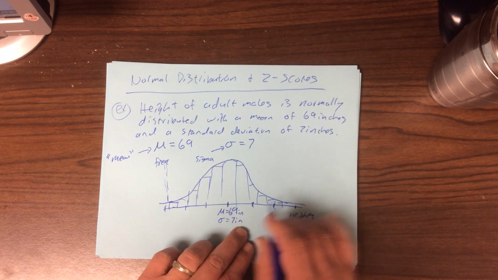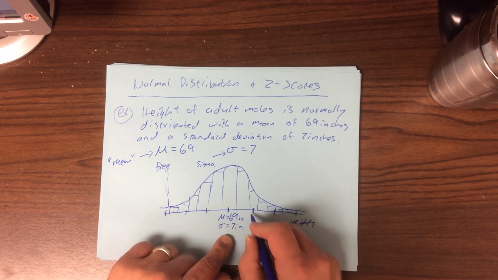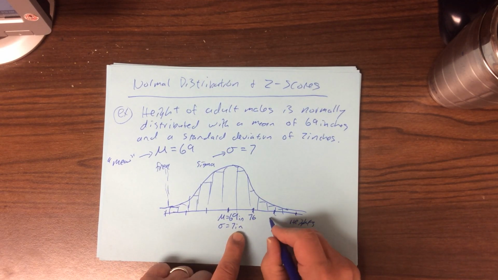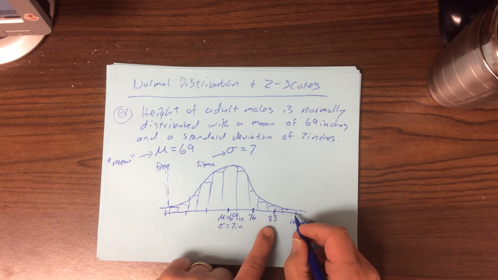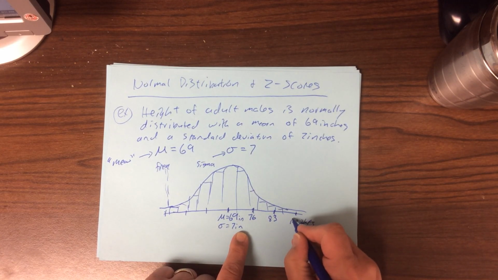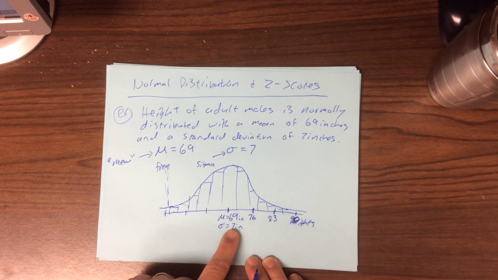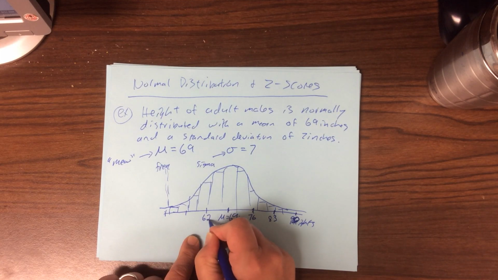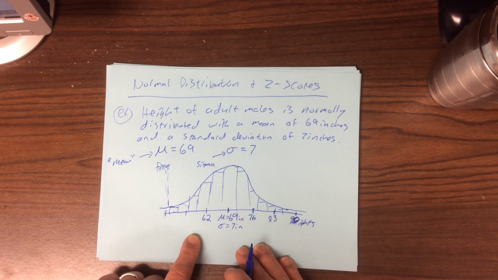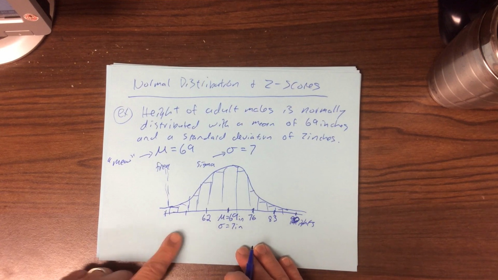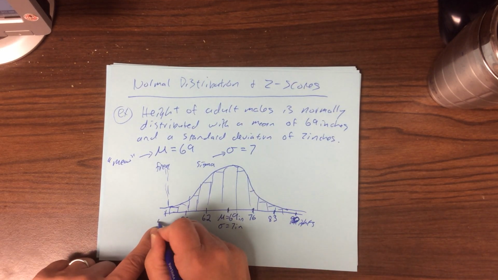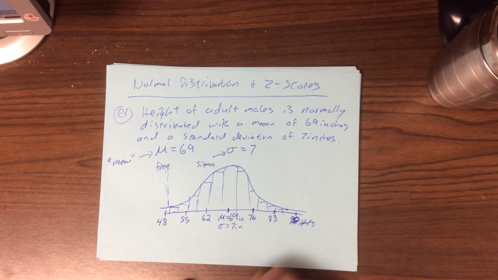So you can actually write out what these heights would be. 69 plus 7 would be 76 inches. And then 76 plus 7 would be 83 inches. And then 83 plus 7 would be 90 inches. Okay. And then if I subtract 7, 69 minus 7, that would make this 62. And then 62 minus 7, this would be 55. And then 55 minus 7 would be 48 inches.